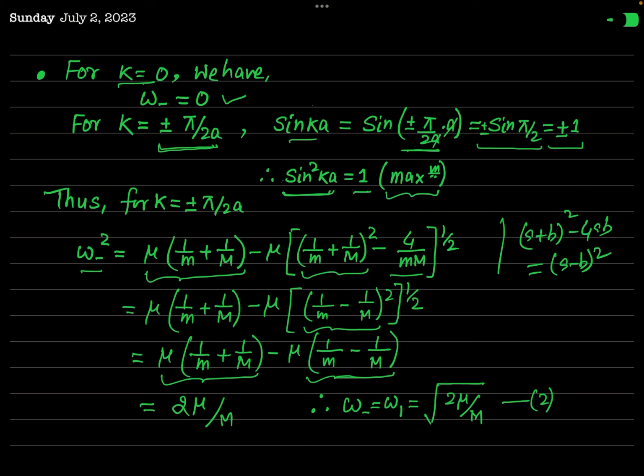And so you can see from here that this mu over m will cancel out, and the remaining term will be only mu over capital M plus mu over capital M. So this will be 2 mu over capital M. Okay. And so this omega minus, which I have denoted by the symbol omega 1 in the dispersion relation curve, will be equal to the square root of 2 mu by M.